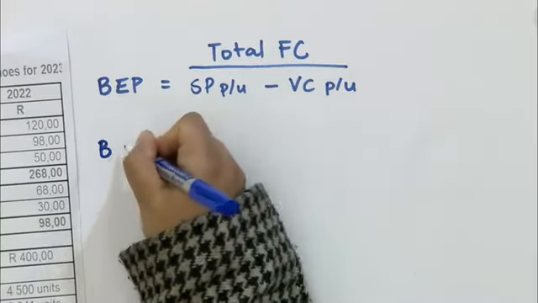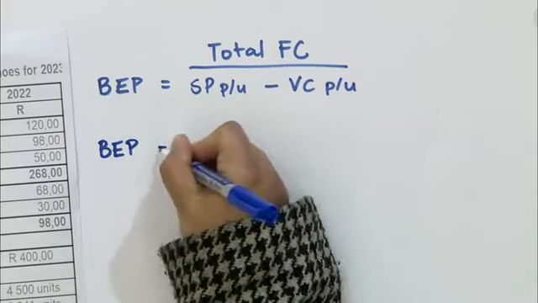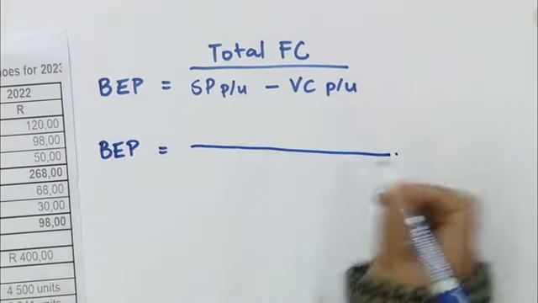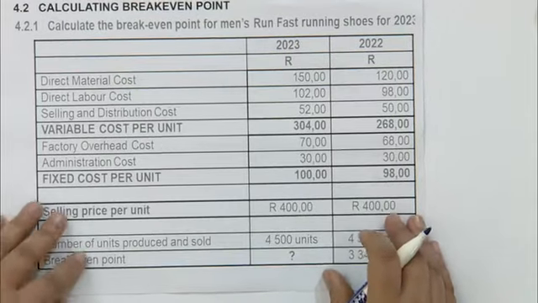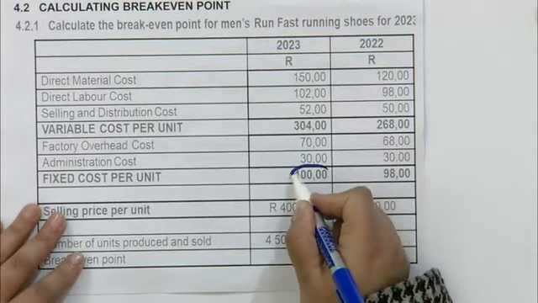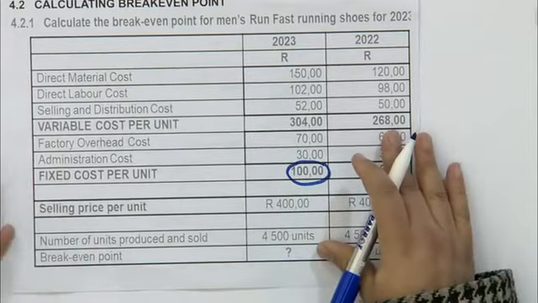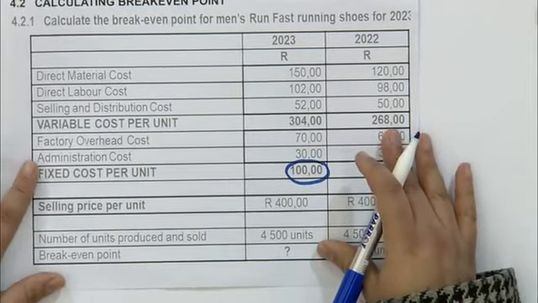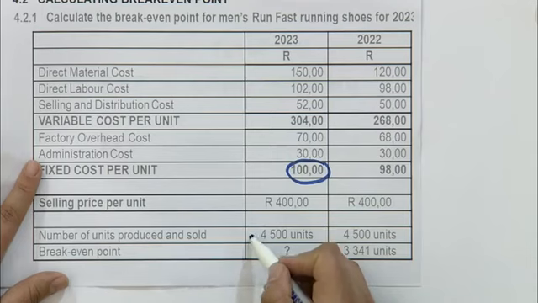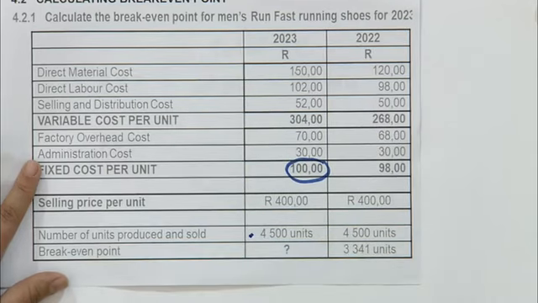Right, so let's do our calculation. BEP. Cool. How are we going to determine our total fixed cost? So I'm obviously going to be using that fixed cost per unit, and I'm going to look at the number of items produced and sold.